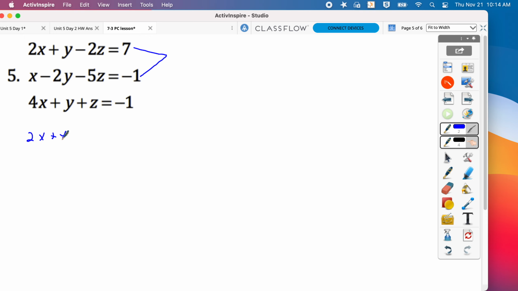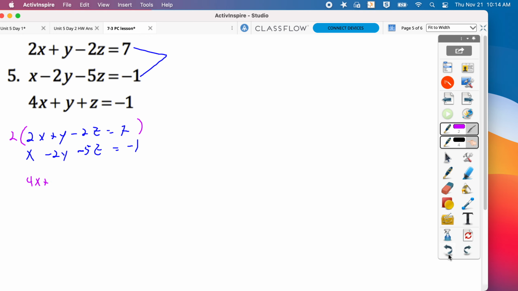2x plus y minus 2z equals 7. x minus 2y minus 5z equals negative 1. All right, to get rid of my y's, I'm going to multiply the top equation by 2. 4x plus y minus 2z, oh, I just didn't multiply everything.